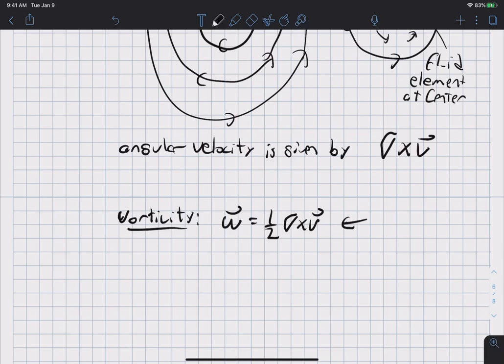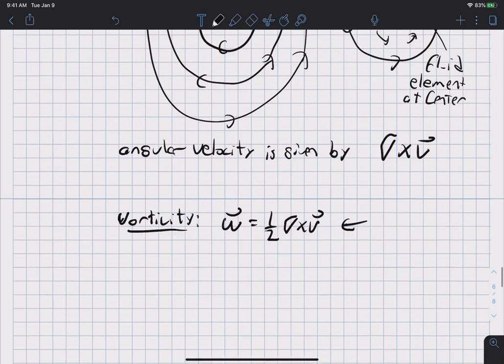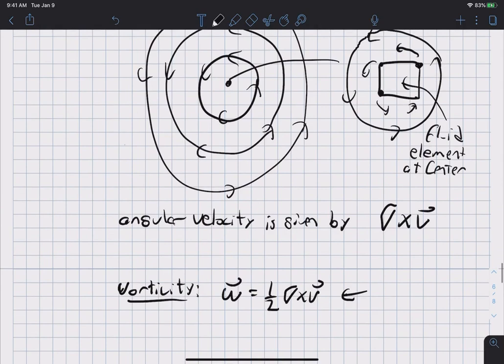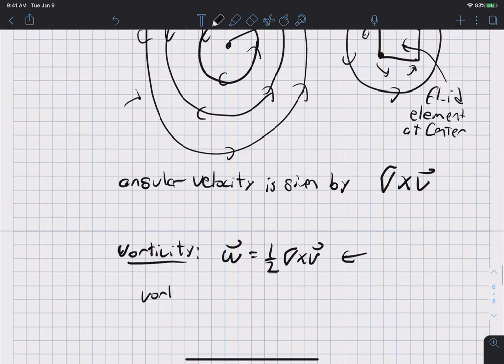And this phrase vorticity is related to a vortex, which is just a region of spinning fluid.